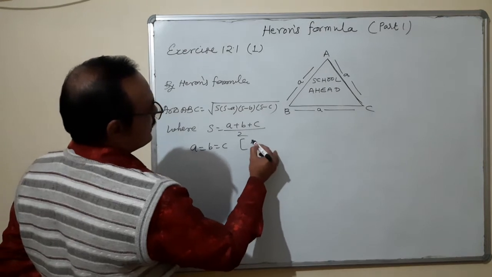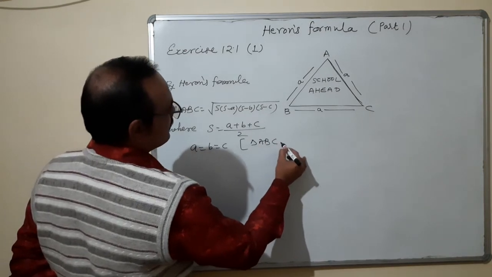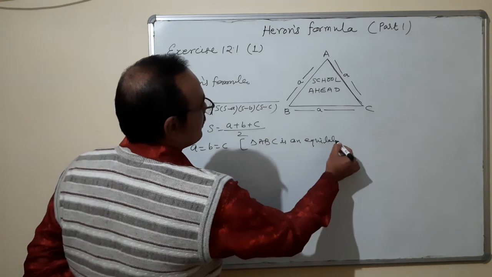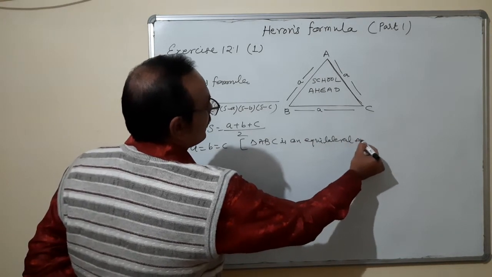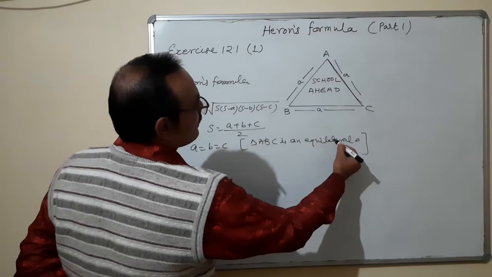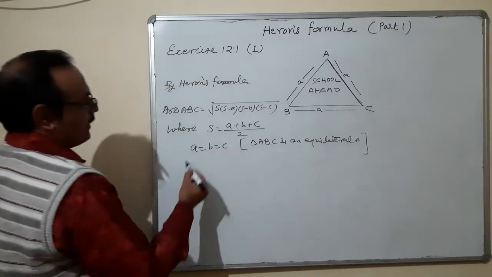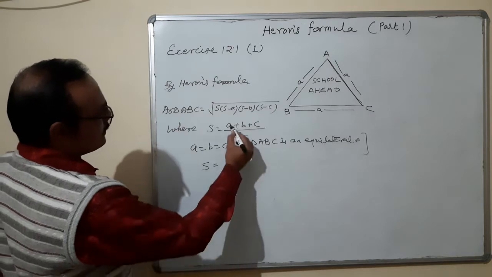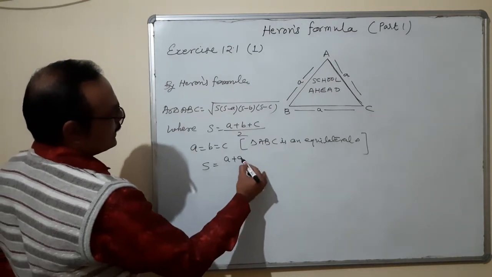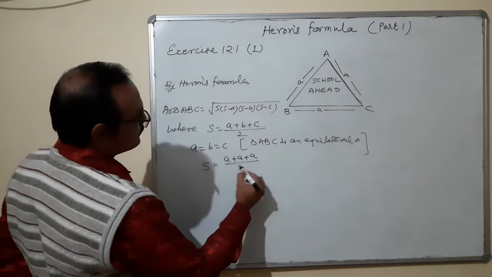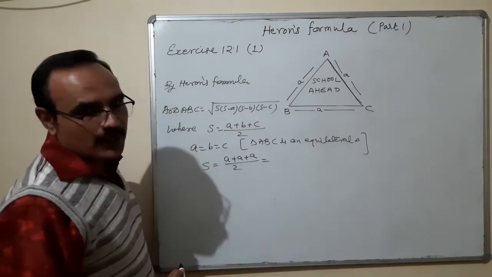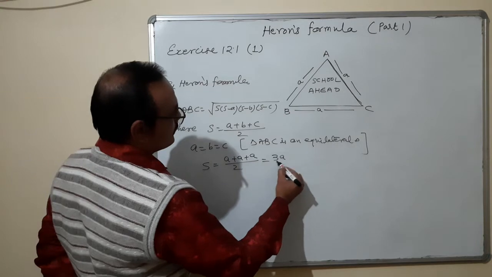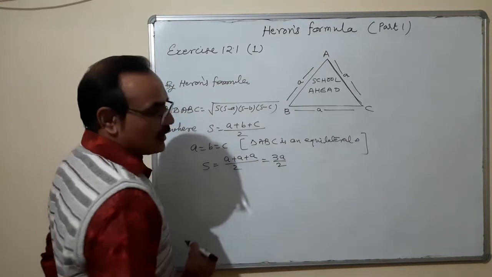Reason: triangle ABC is an equilateral triangle. So what is the value of S? It is (a plus a plus a) upon 2. Because b and c are equal to a, so 3a upon 2 is the value of S.